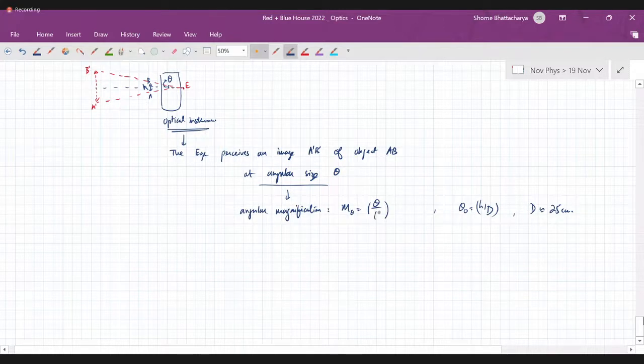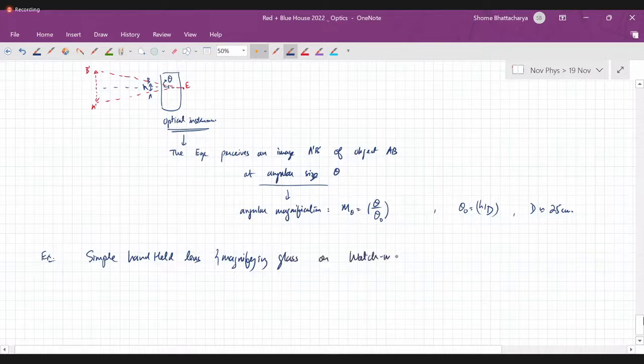The simplest way to achieve angular magnification is the example of a simple handheld lens, like when you use a magnifying glass, or also the case of a watchmaker's eye lens.